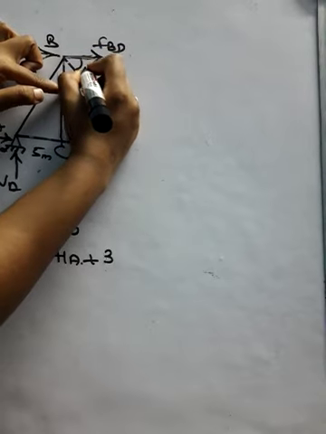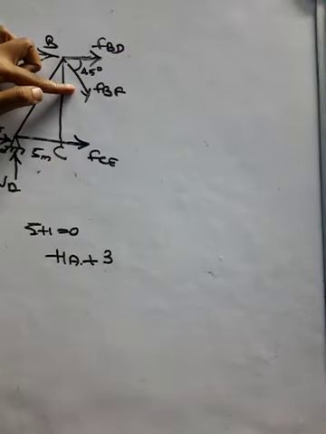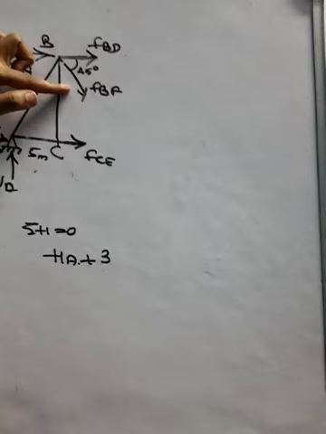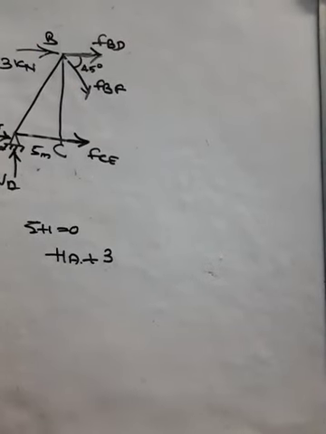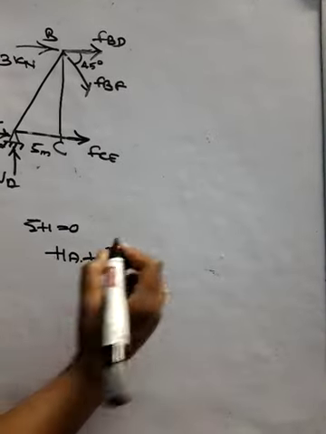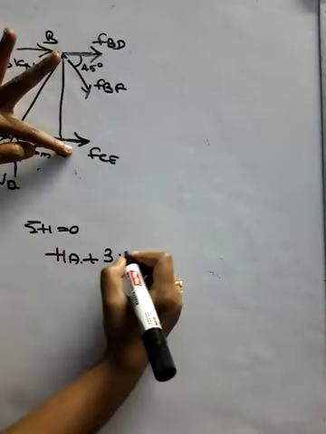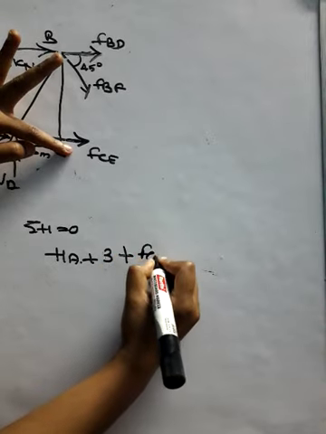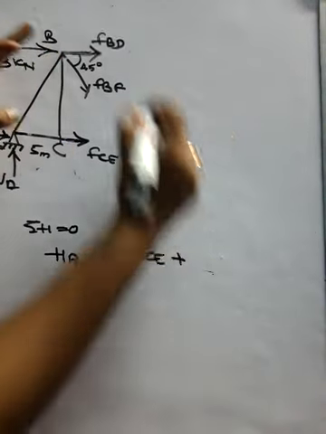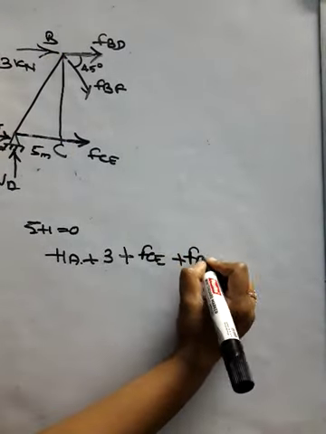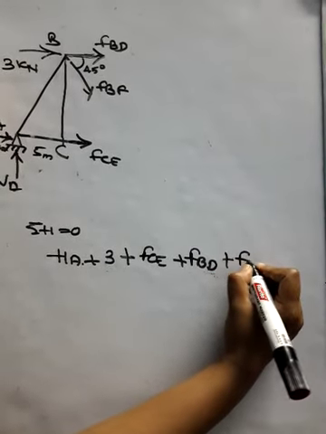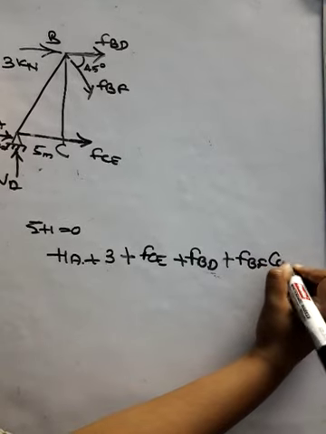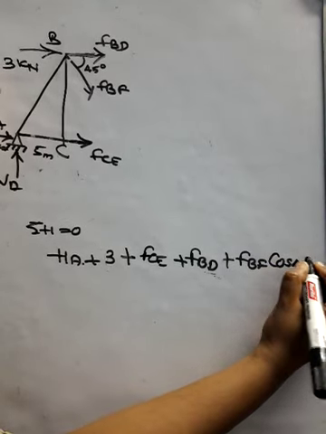This angle would be 45 degrees because both sides are 5, so theta is tan inverse of 1, that is 45 degrees. So plus FCE, plus FBD, plus FBE cos 45 degrees is equal to 0.